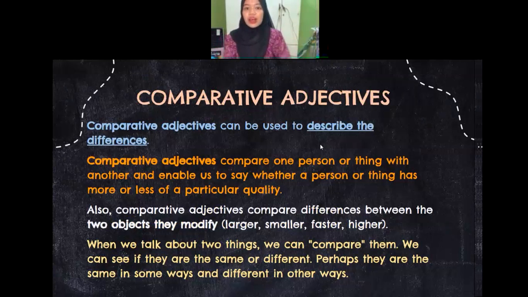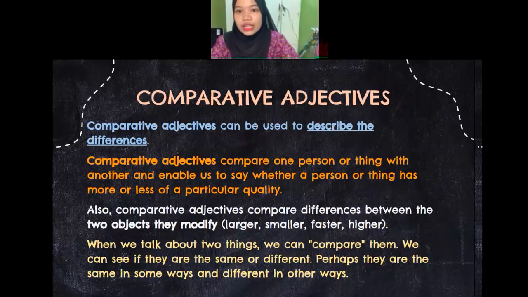Okay, so what is comparative adjective? Comparative adjective can be used to describe the differences. Comparative adjectives compare one person or thing with another and enable us to say whether a person or thing has more or less of a particular quality.